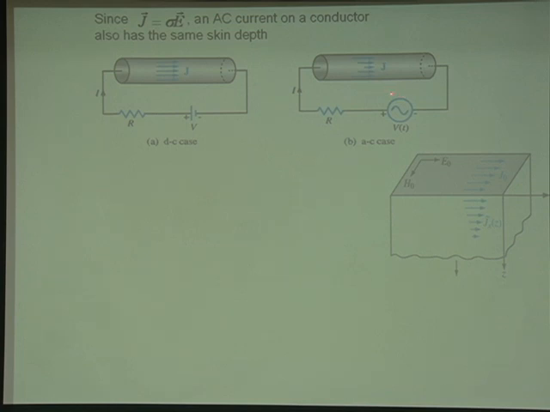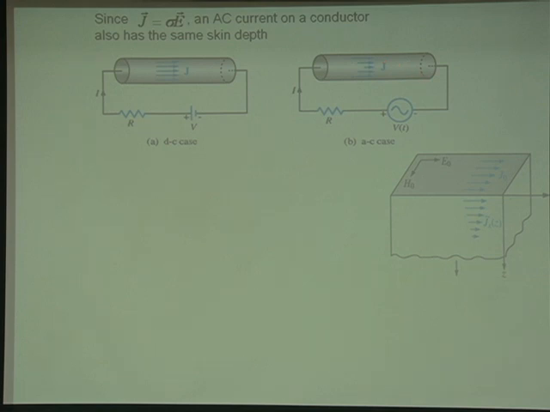Now think about this reverse situation. You have some AC power supply driving this current, and this piece of conductor is going to radiate like an antenna. So this is the wave coming in, and this is the wave leaving. In this concept, it is only the reverse of time, so the basic physics does not change. So this means that the current inside this piece of conductor is going to be on the surface of this piece of conductor.